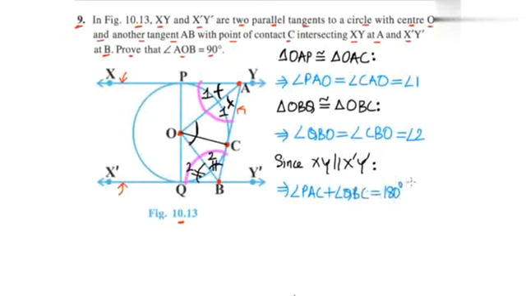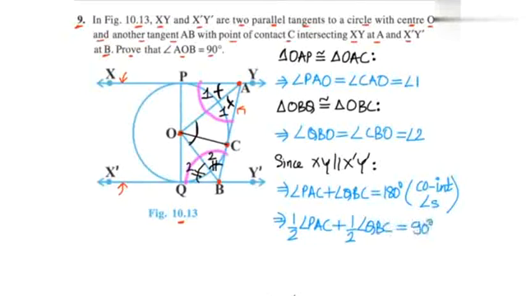And why is that? Well, simply because these two angles form a pair of co-interior angles. This means that if you multiply both sides by half, half of angle PAC plus half of angle QBC will be equal to half of 180, or 90 degrees.